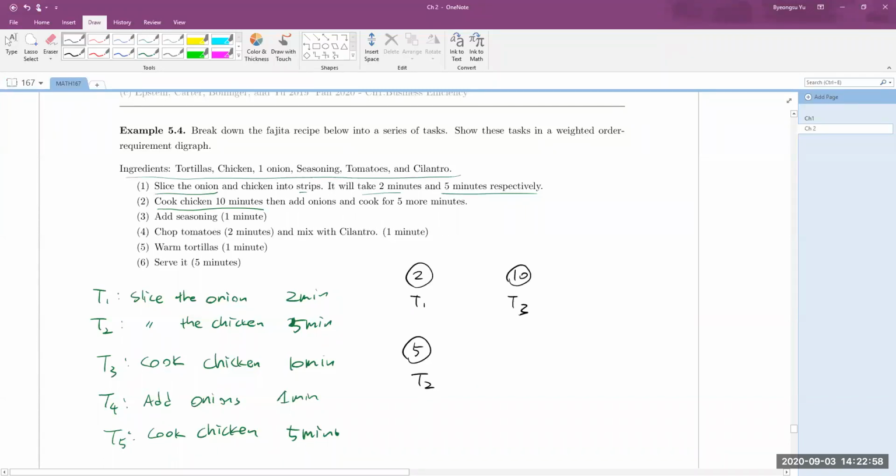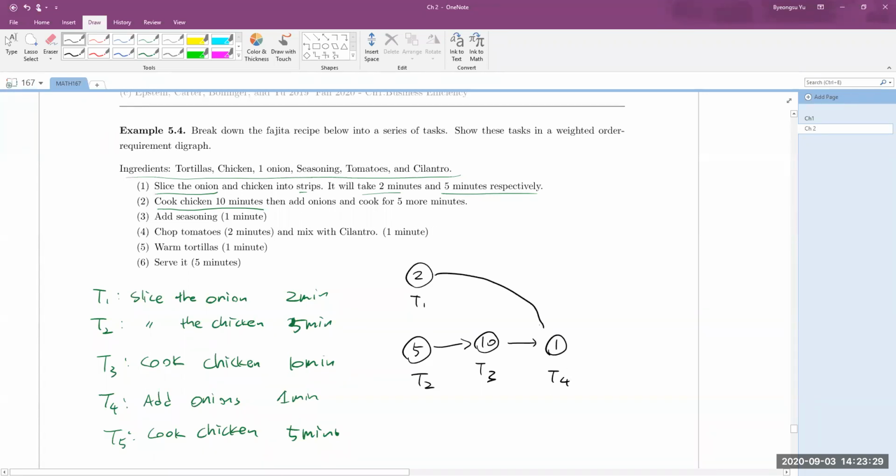But you cannot cook chicken until you slice the chicken, right? So cook chicken depends on slicing the chicken. And next, you need to add onion, which takes 1 minute.